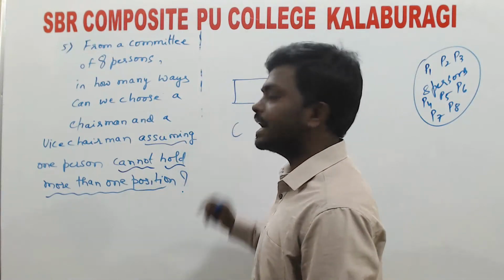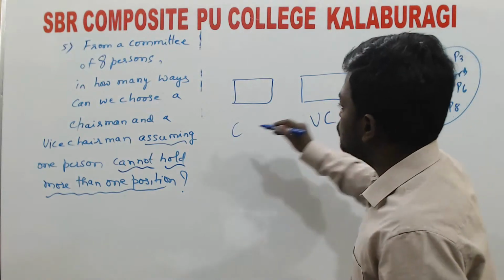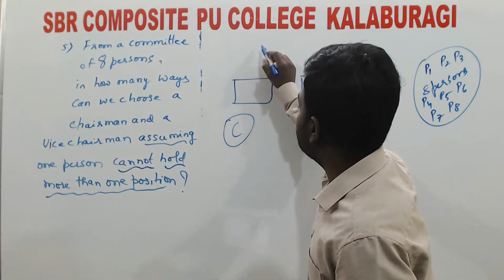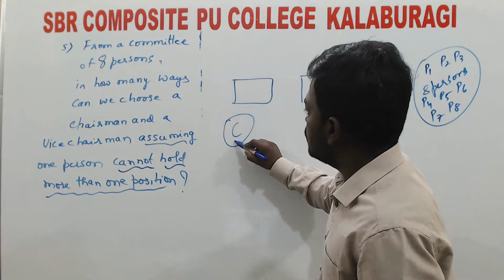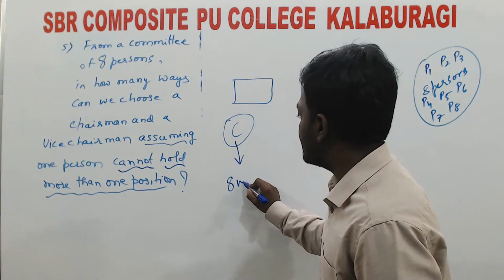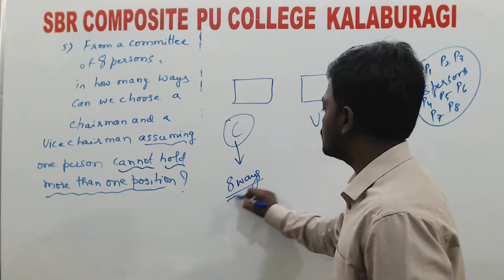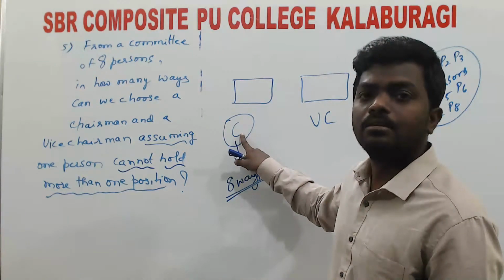So let me first write down the chairman. To pick the chairman, how many persons are there? 8 persons. So among 8 persons, how many ways can you choose the chairman? There are 8 ways. All the eight persons are available for the post of chairman, right?